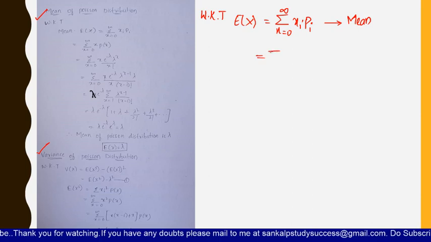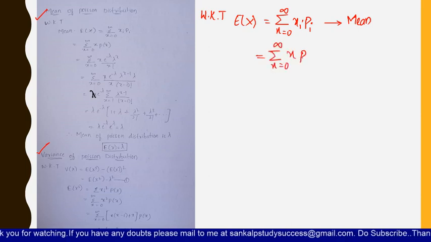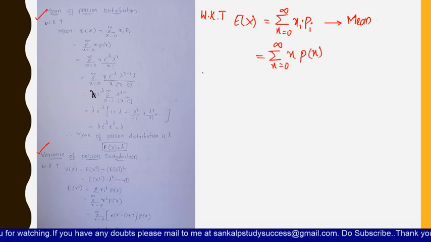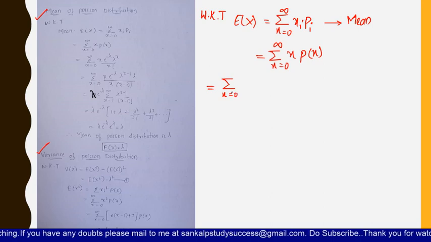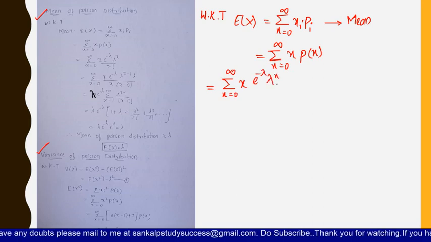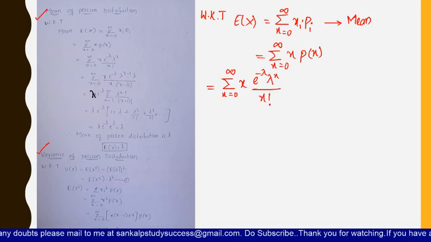So we can write it as the summation of x equals 0 to infinity x into p of x, right? Now, which is equal to the summation of x equals 0 to infinity x into, what is p of x? It is nothing but e power minus lambda into lambda power x by x factorial.